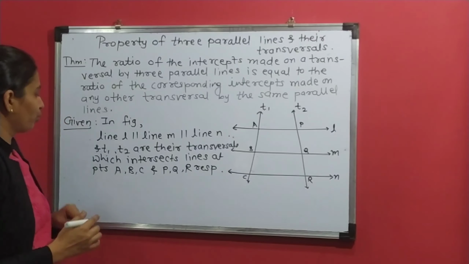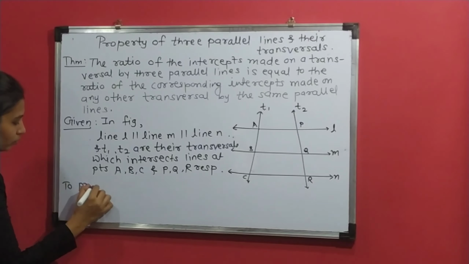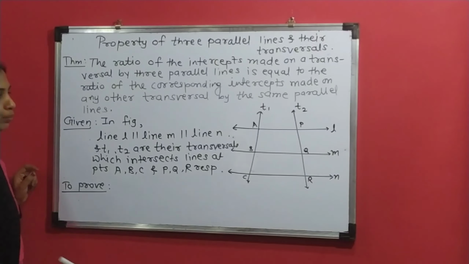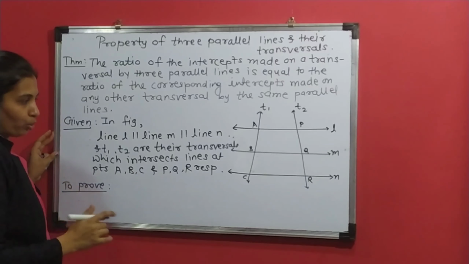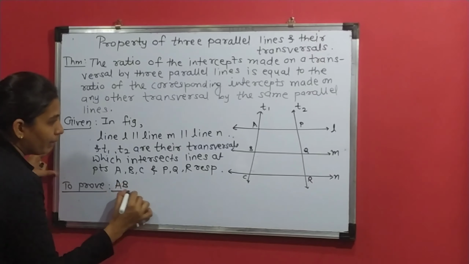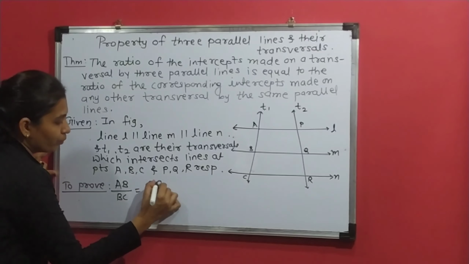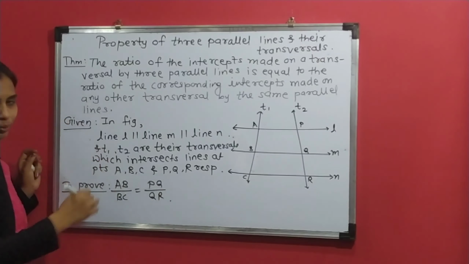Now, to prove, we have to prove that these ratios are in proportion. So, AB upon BC equals PQ upon QR.